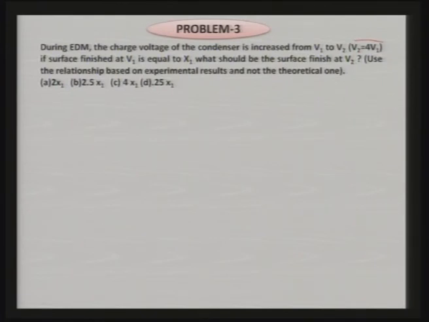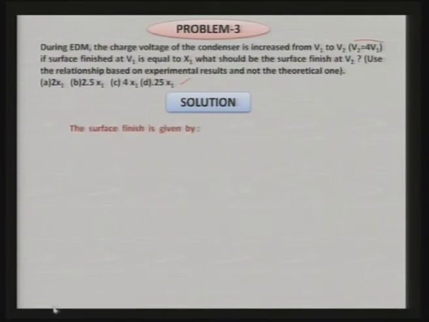Use the relationship based on experimental results and not the theoretical one. Now, these are the 4 options given to you to give the correct answer. One of these will be the correct answer. Let us find out how to solve or how to give the correct answer.